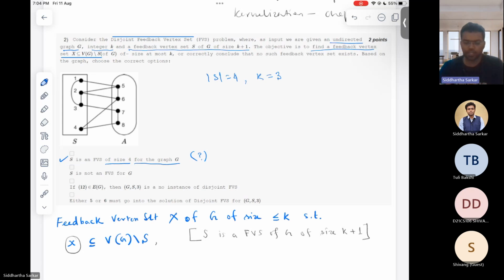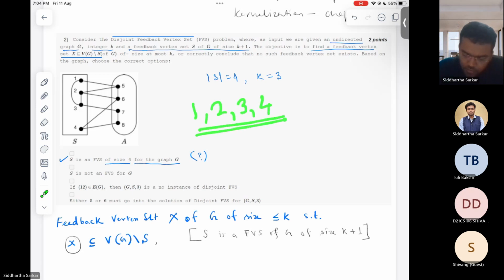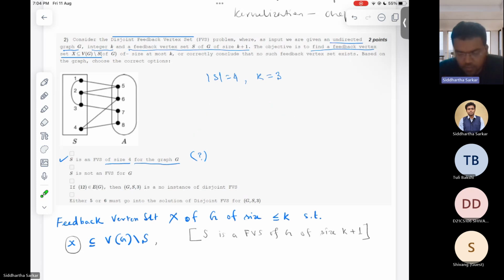So what if we remove S and all the edges incident to S in this graph? If we remove 1, 2, 3, and 4, and the edges incident to 1, 2, 3, and 4, what will be the graph left to us? What is the remaining graph? What is the reduced graph? How many vertices does it have?